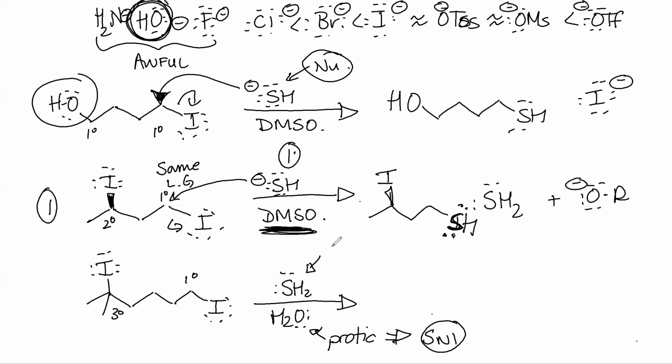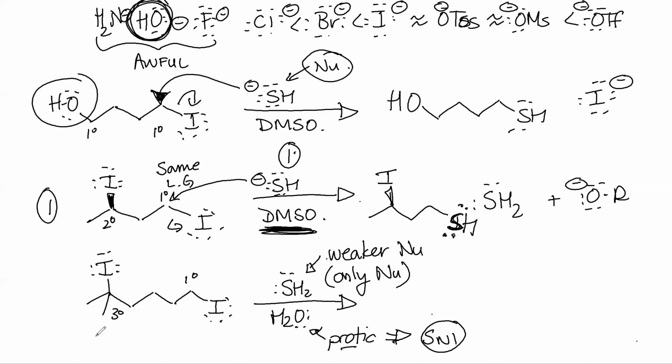And if I reduce the nucleophilicity of this, so it's no longer got a negative charge, so this is a weaker nucleophile, it's still only a nucleophile, but it's just weaker. I'm trying to promote an SN1 reaction because protic solvents favor SN1, and having a weak nucleophile is going to help promote that as well, because the nucleophile isn't part of the rate determining step.